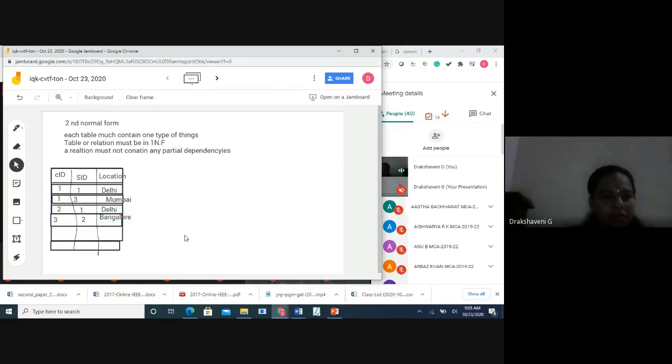One last one: customer ID is 4 and store ID is 3, and the location is again Mumbai.